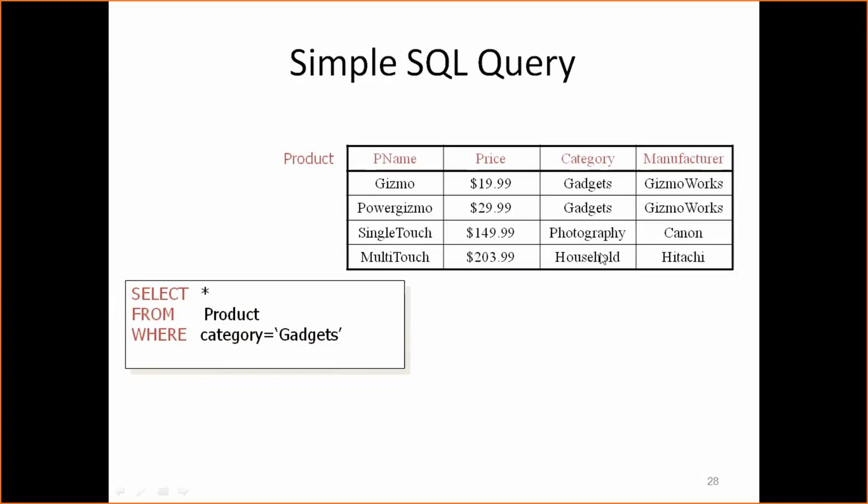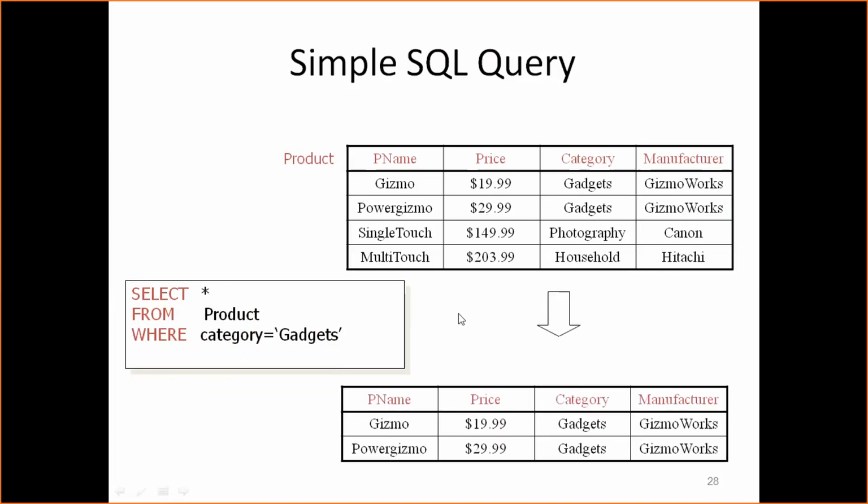The category column is this, and you have many values here. So you select the rows whose category value is gadgets. In other words, you're going to pick only these two rows, and we are displaying all the columns. So the result of this query becomes this.